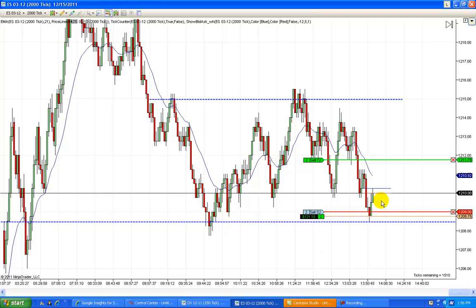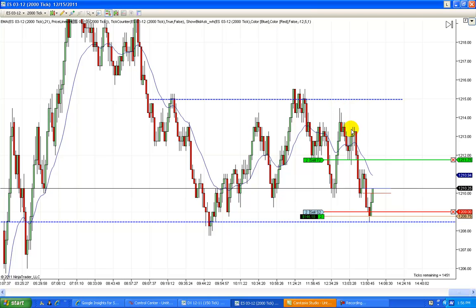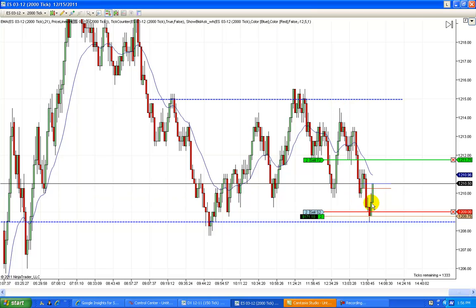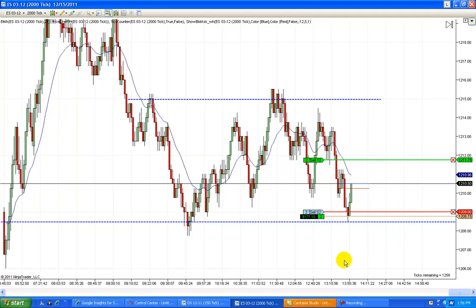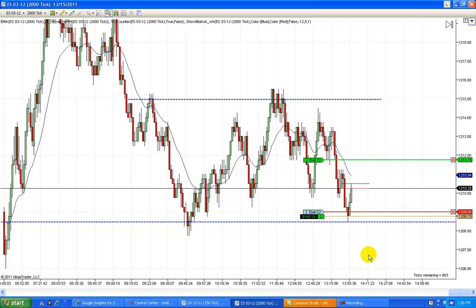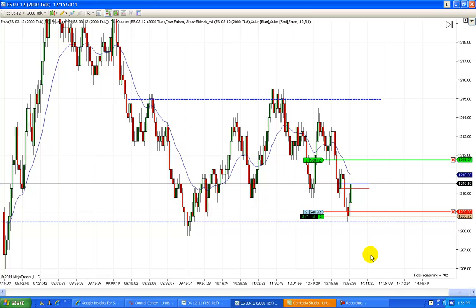And this is actually a form of a second entry right here. As you see, we had a new high right there. So the count started over. There's your first entry, and then there's your second entry, and we're still headed higher. This is looking really good here. This is exactly what I expected to happen. As slow as this has been, it's already a fairly decent bounce.